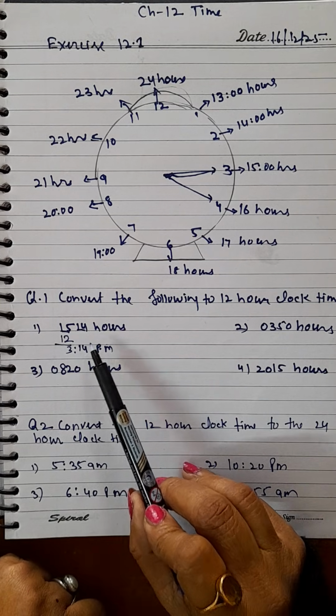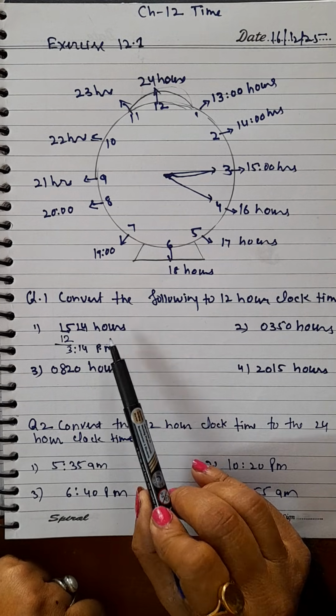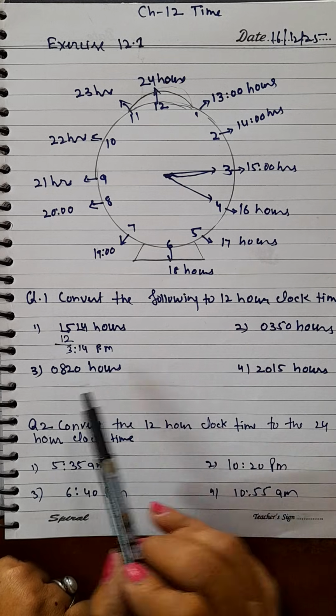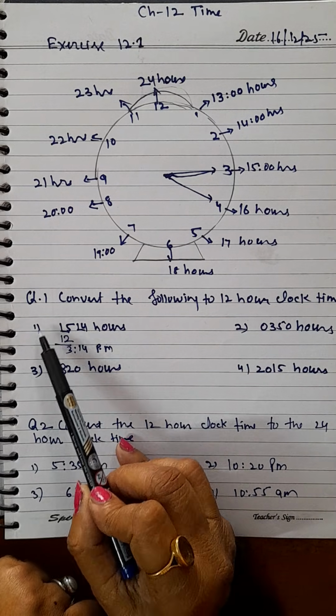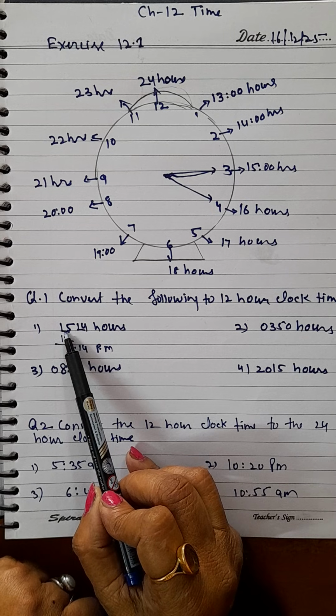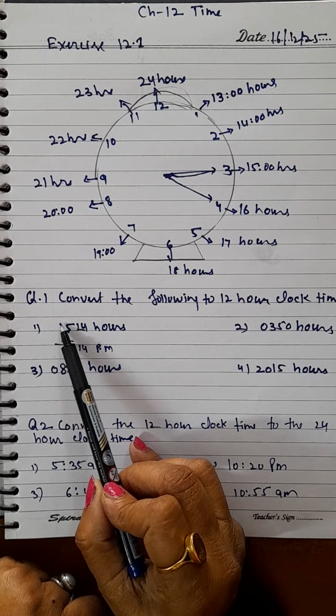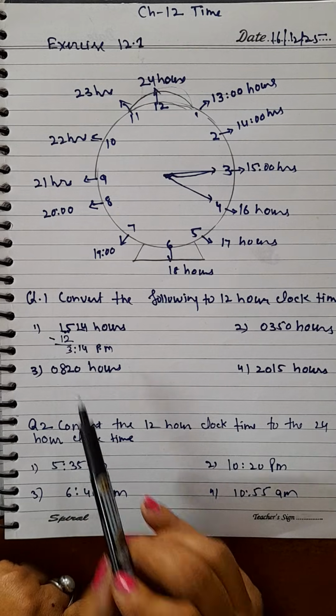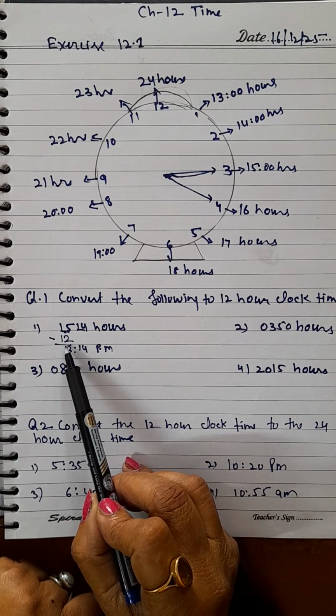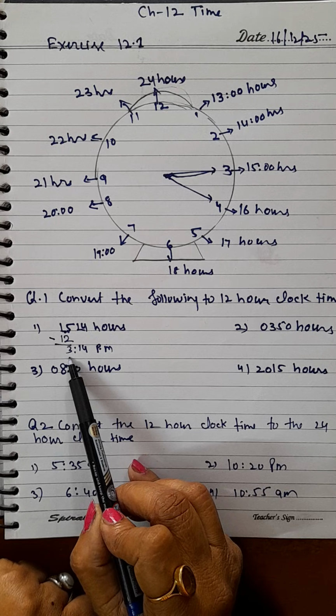I am repeating this question one more time. The time is given in the 24-hour clock, and this is to be converted into the 12-hour clock. These are hours, these are minutes. Because hours are more than 12, for writing in the 12-hour clock we will subtract 12 from 15, from the hours. When you subtract 12 from 15, we will get 3.